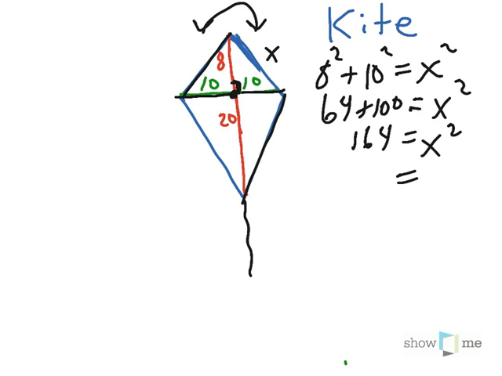So x squared is 164. That means x is the square root of 164, which probably isn't going to be a nice whole number, and that's all right. It doesn't have to be. If you put that into a calculator, you get x is about 12.8. And what you're probably going to see in your geometry book a lot of is, rather than just writing 12.8 and rounding it off, let's keep it exact, and we'll just write square root of 164.